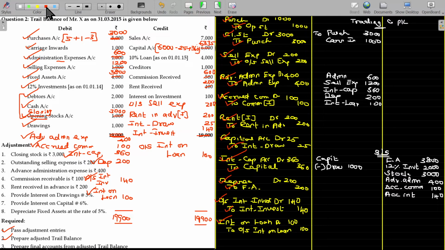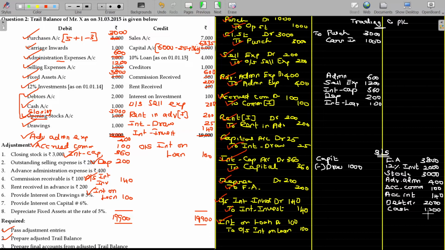You have posted all the items given on the debit side to the concerned account. Yeah, what did I miss? Debtors and cash, I missed both. So debtors here being 2000 rupees and cash rupees 1000. I have posted all the debit values.